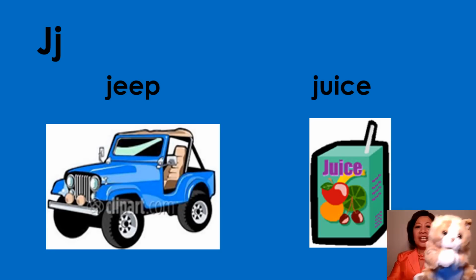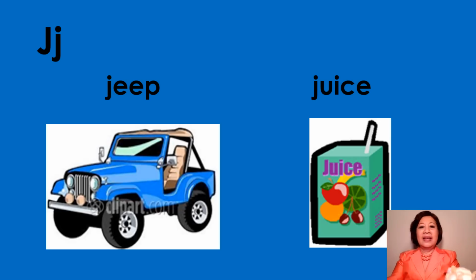J. J says J as in Jeep. A Jeep is a brand of American automobile. J. J says J as in juice. I like to drink orange juice in the morning.